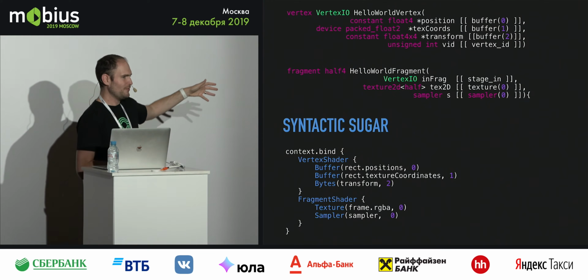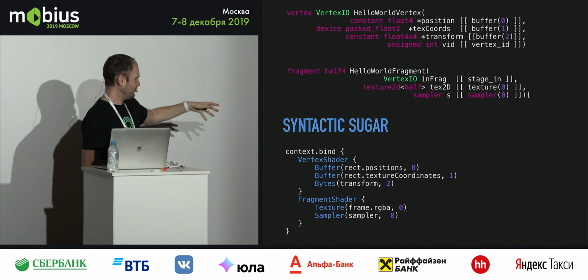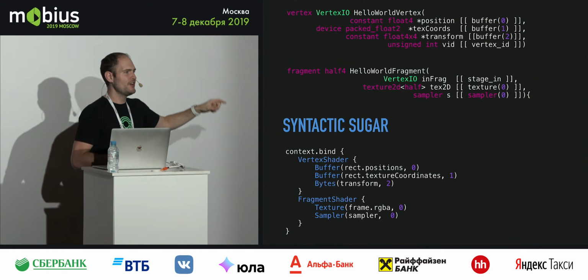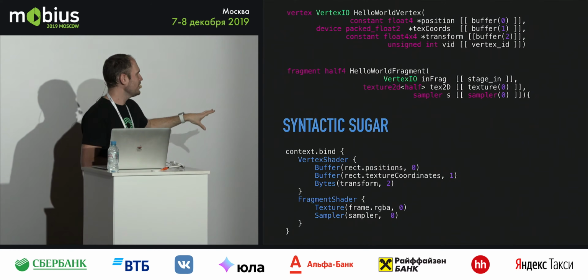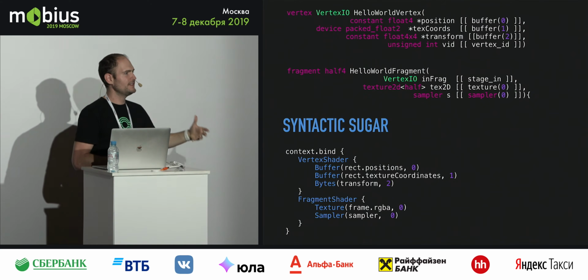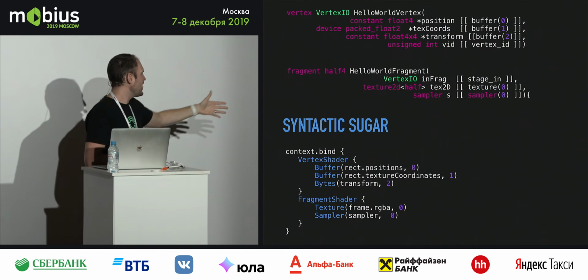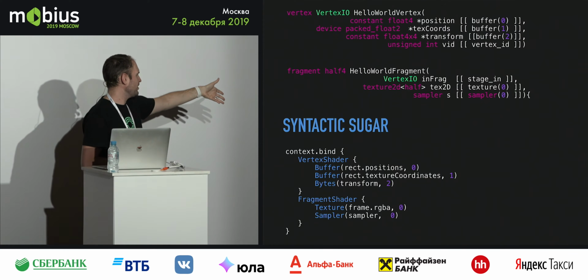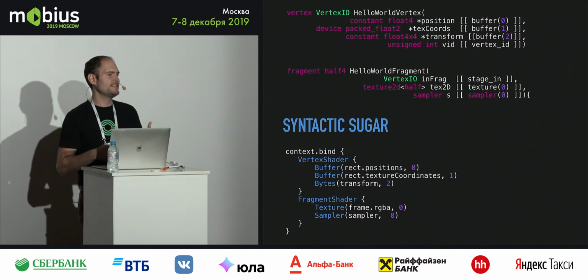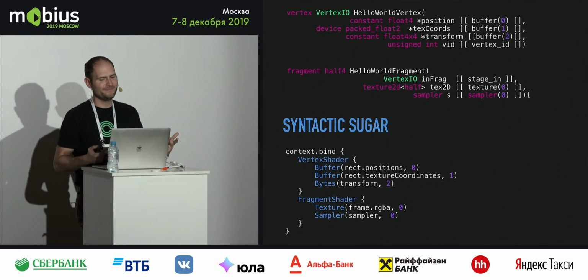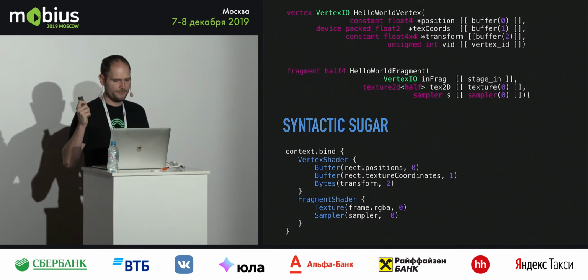I've been playing around with developing for myself a similar domain-specific language for defining how the shaders and their parameters bind to each other. So rather than use the imperative style that I showed earlier, I can just say, well, I want to pass my vertex shader these buffers, and I want to pass my fragment shader these buffers, and it cuts a bunch of boilerplate and makes the code a bit clearer to read. So that's pretty cool to work with.